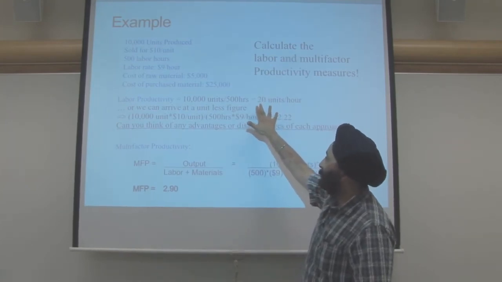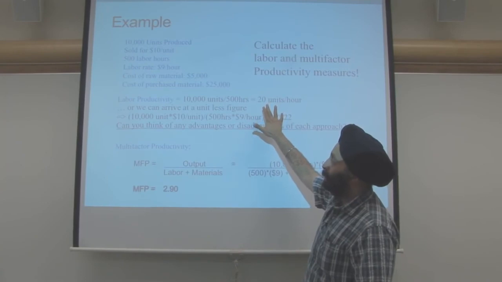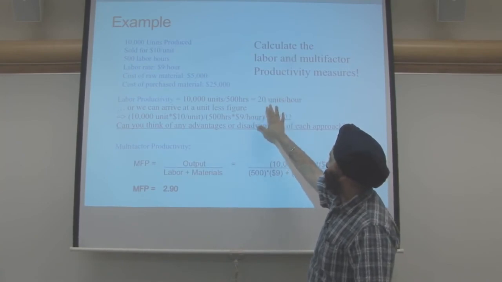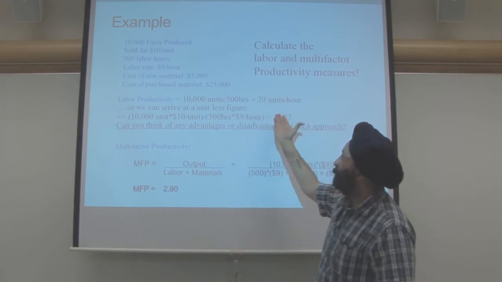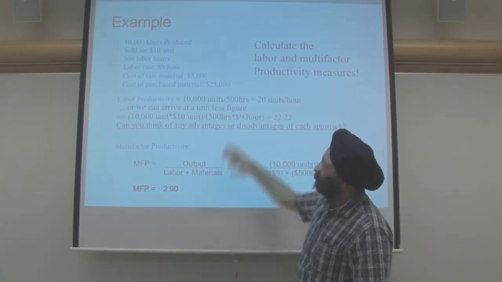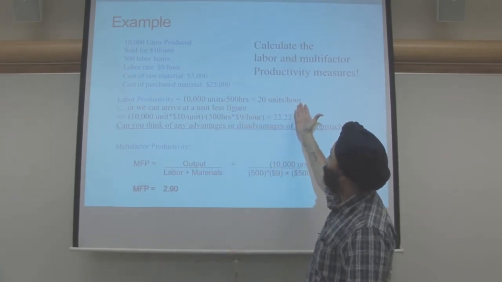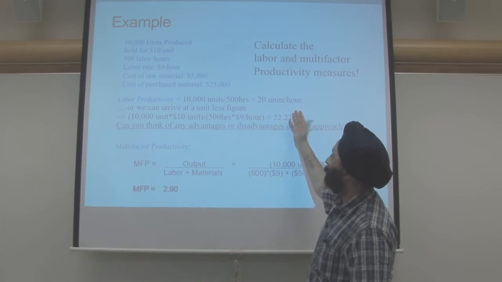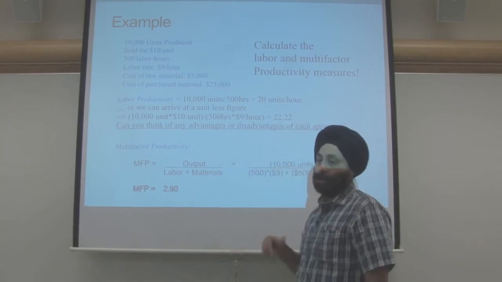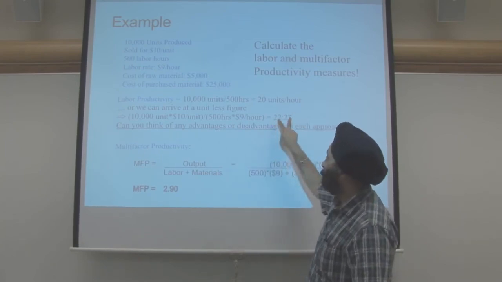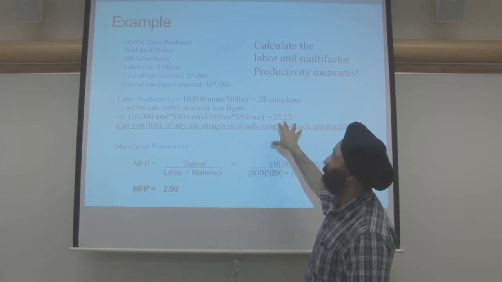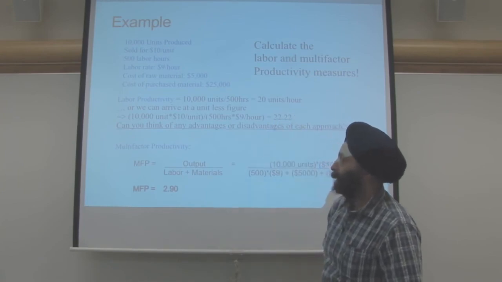The first approach does not tell us the price at which the units are sold and the cost at which you bought a labor hour. The second one incorporates that, so it's a much richer but less intuitive approach to calculating labor productivity.